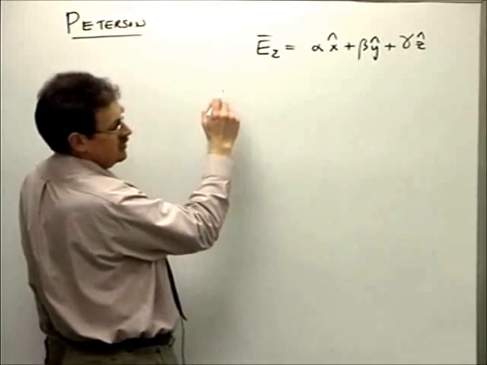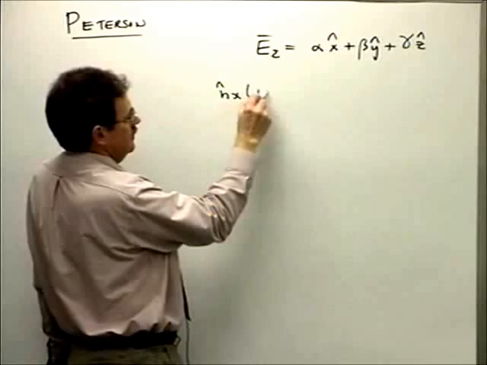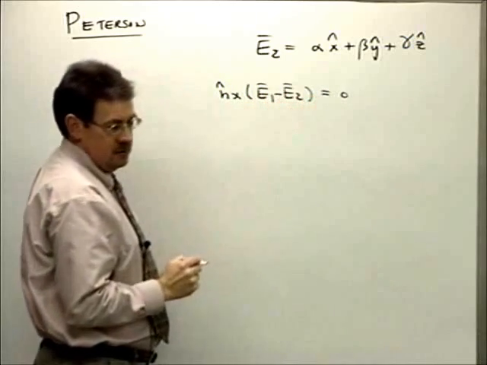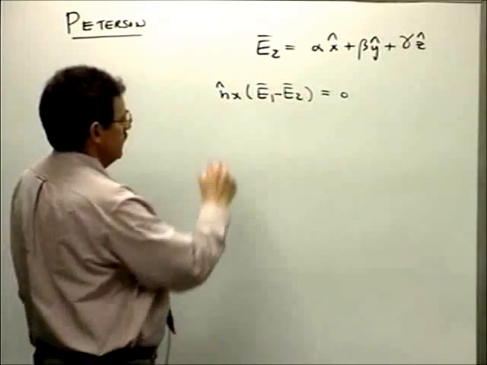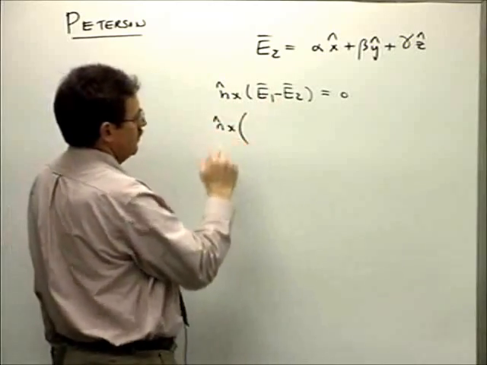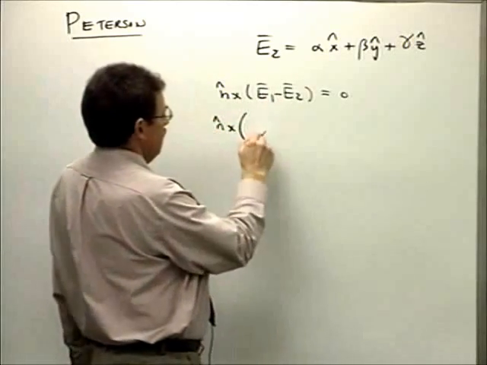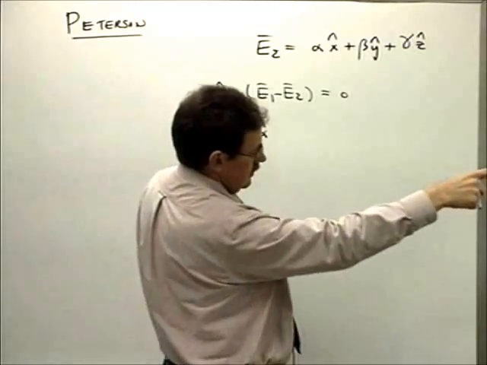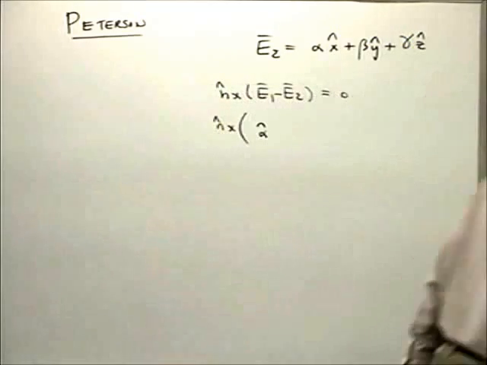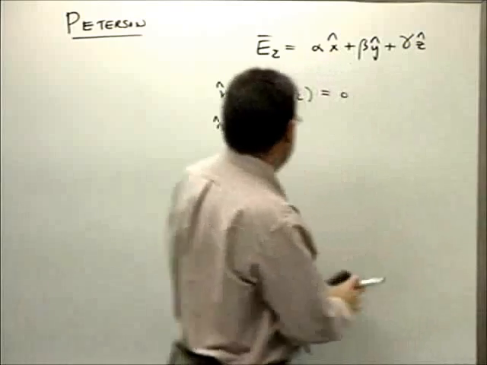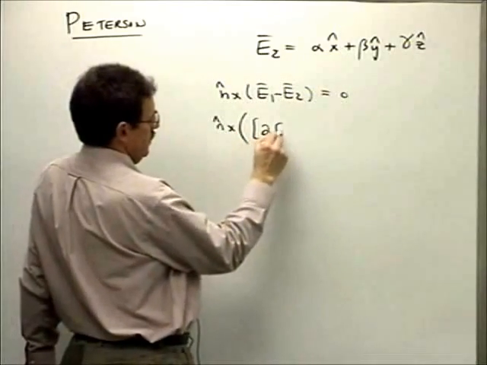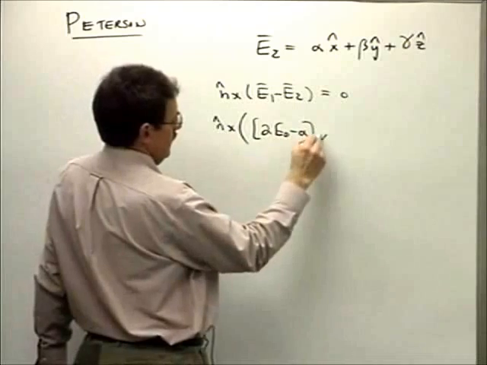So one of the conditions is that n cross (E1 minus E2) has to equal 0 at the interface. We've got a 2E0 x hat from E1 minus alpha, so we'd have a (2E0 minus alpha) x hat.